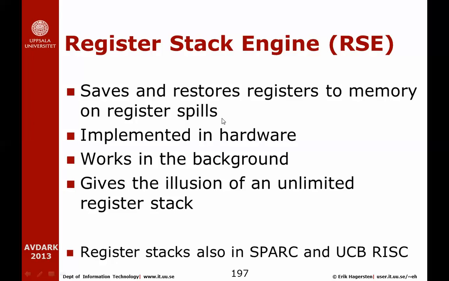When you start to get close to running out of registers, the register stack engine will save their values to memory and rotate in new registers from the bottom that can now be used by new procedures making the call. This works in the background, so it's not visible to software, and it gives an illusion of an unlimited register stack. You can just use this register allocation trick for callers and callees of procedures.